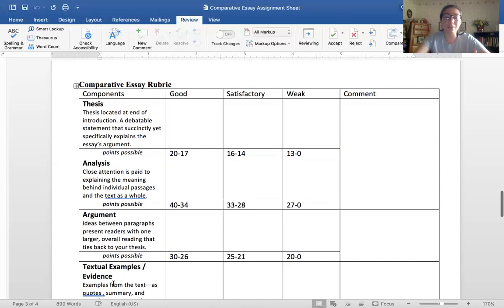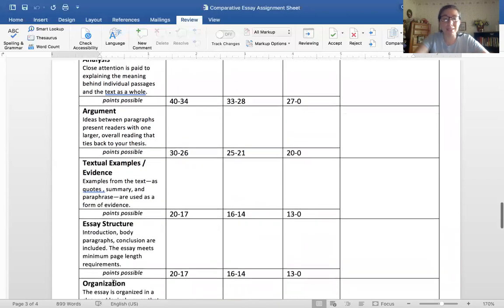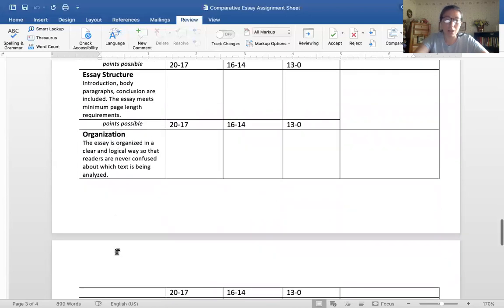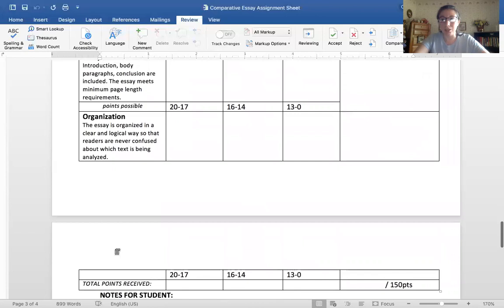The thing that really makes this different is this last point that I've put down here, which is organization. I've taught the comparative essay multiple times now, and I find that the thing that really tends to trip students up, and I've been trying to stress this for you guys, is organization.